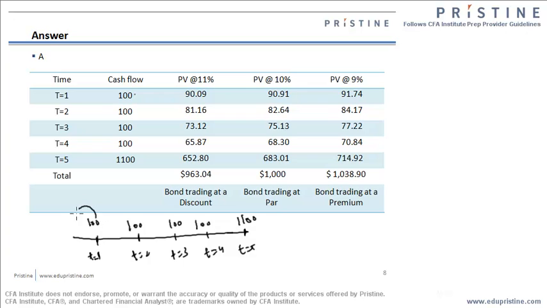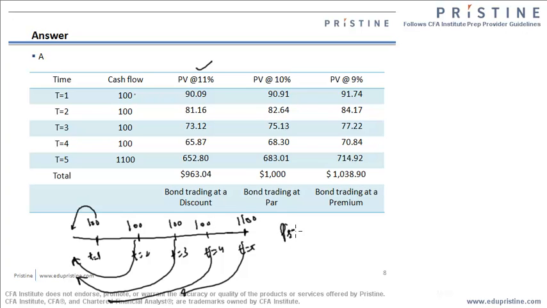So calculate the present value of this cash flow using the interest rates of 11%, 10% and 9%. Similarly, calculate the present value of each of the other cash flows. So the price would be the present value of all cash flows.